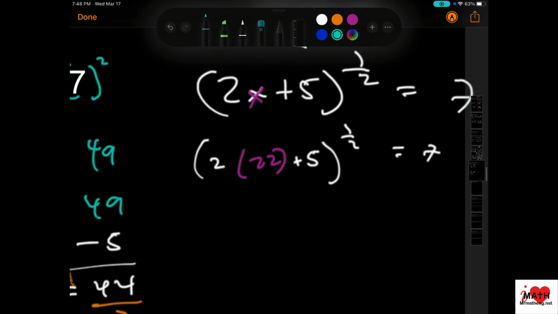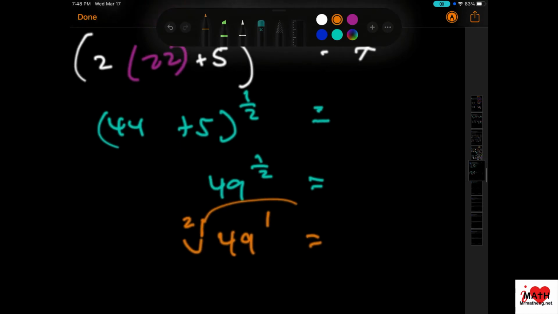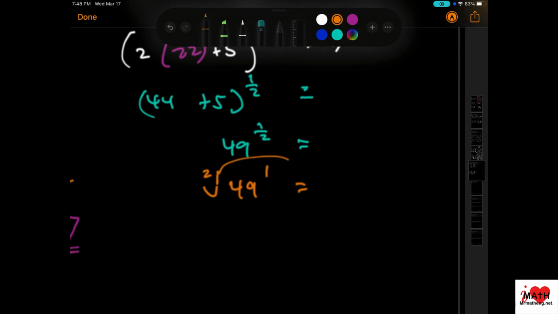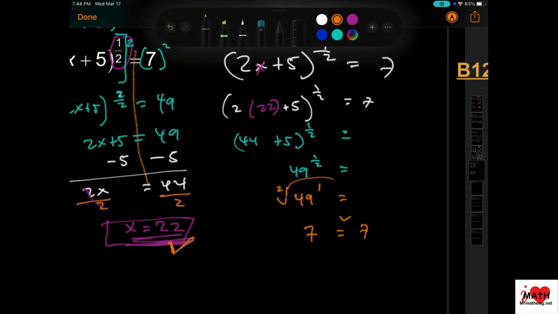So inside you get 44 plus 5, and that is 49 to the 1/2 power. Remember, 49 to the 1/2 power is the same thing as 49 to the first power, and then the index or root is 2. So what's the square root of 49? And that is just 7. 7 equals 7. So this is a valid answer.